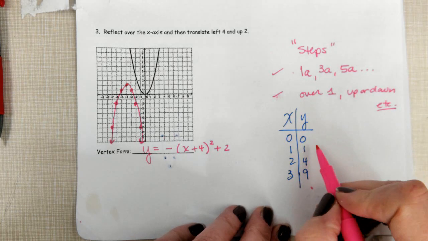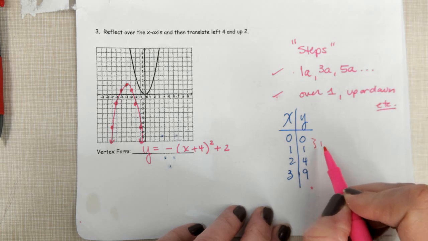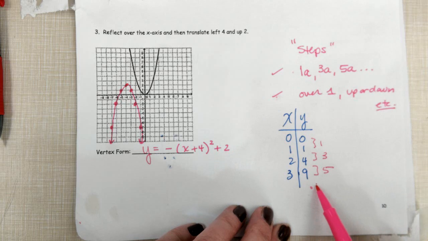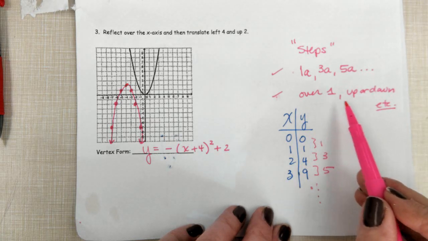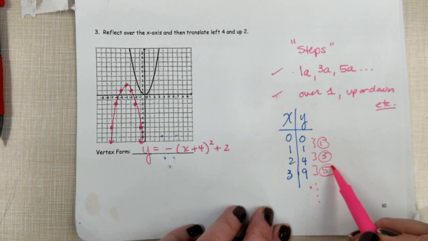So the difference between 0 and 1 is obviously 1, then 3, 5, and this continues. With the basic transformations, you can go over 1, up or down, 1 times A, 3 times A, 5 times A.